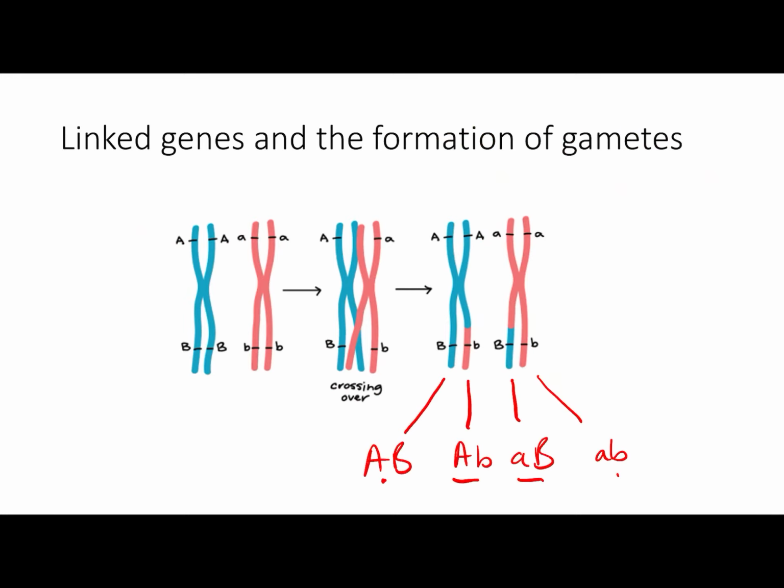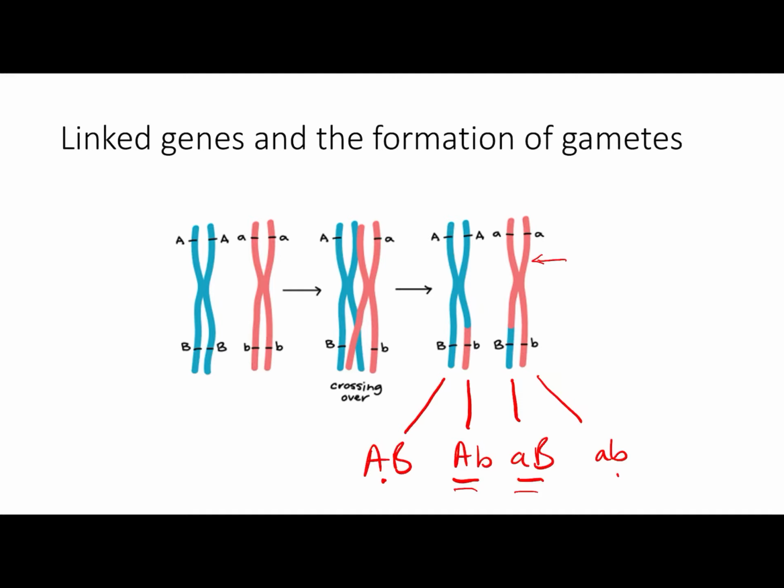However, if the genes are very close together, if the gene B was sort of up here, crossing over would be a lot less likely to happen. And in that case, you would get very, very few of what we call these recombinants being formed here and here. So that is how linked genes works, and that's the notation.